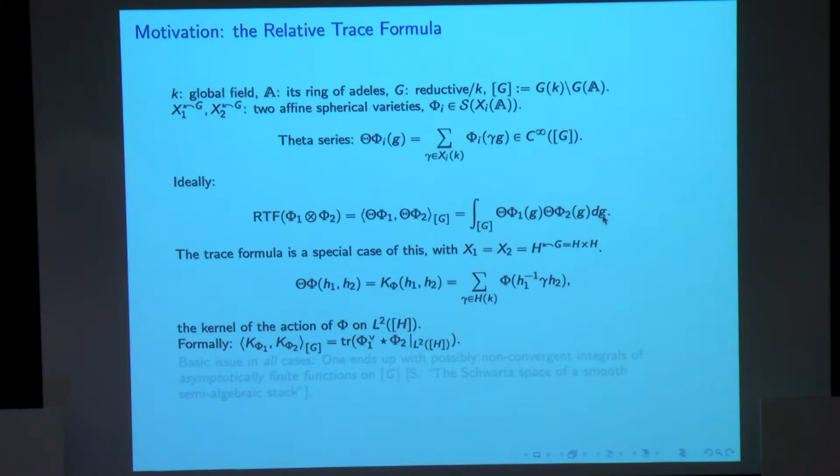These are kernels for some operators, so their inner product is the Hilbert-Schmidt inner product of these operators, which is the same as the trace of the operator corresponding to the convolution of the two functions. By the way, none of these sides exists if brackets H is not compact. But we will take this point of view: instead of trying to compute a trace, we're going to try to compute the inner product of two kernel functions.